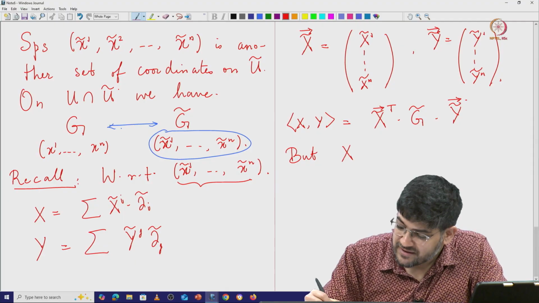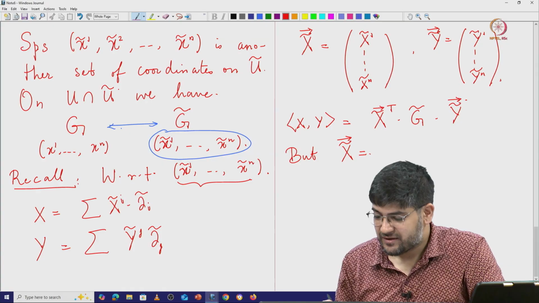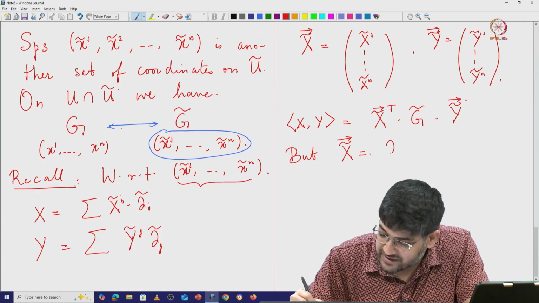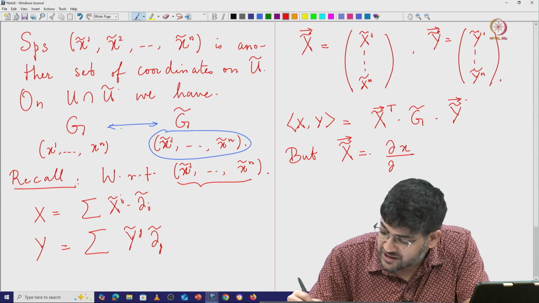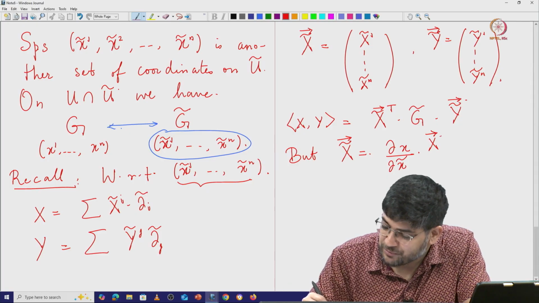But what is this vector in terms of the original vector? It's easy to check that this is precisely this. You have these transformation formulas.